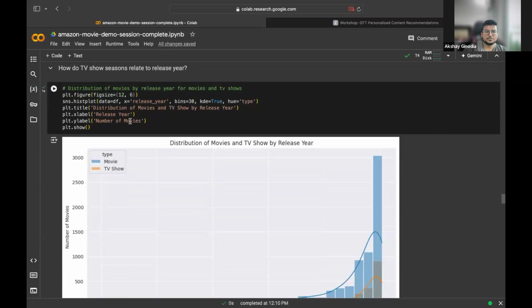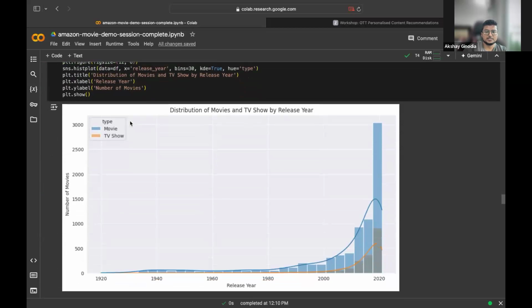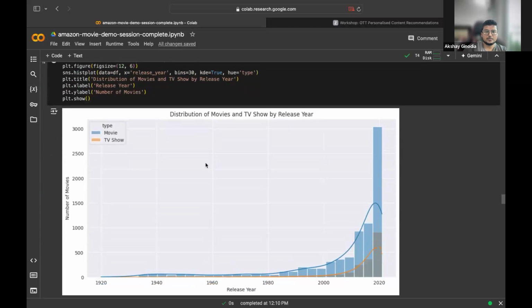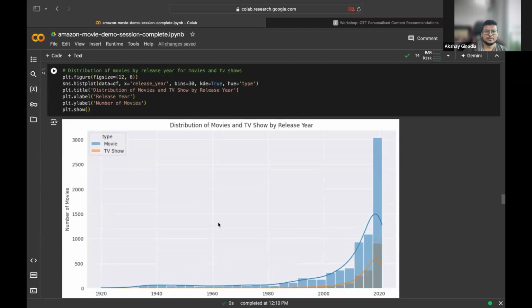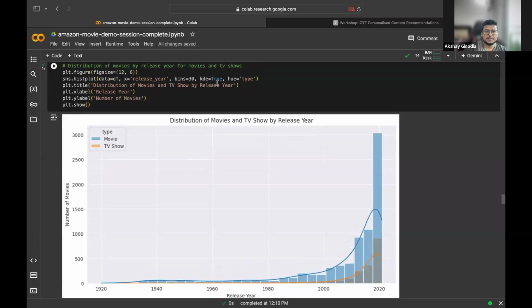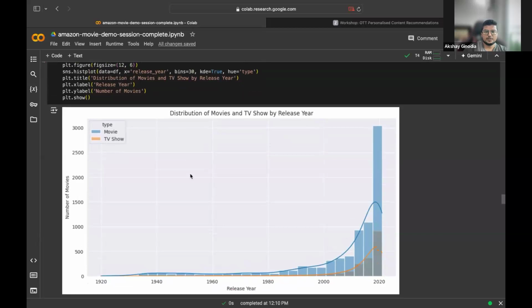So how do TV show seasons relate to release year? We are again doing a plot where we are looking at the number of movies and TV shows. We are doing the entire data frame, segregating by hue type again. So movies would have these bars. The orange bars are TV shows. You cannot see it well, but the dark ones are considered TV shows.